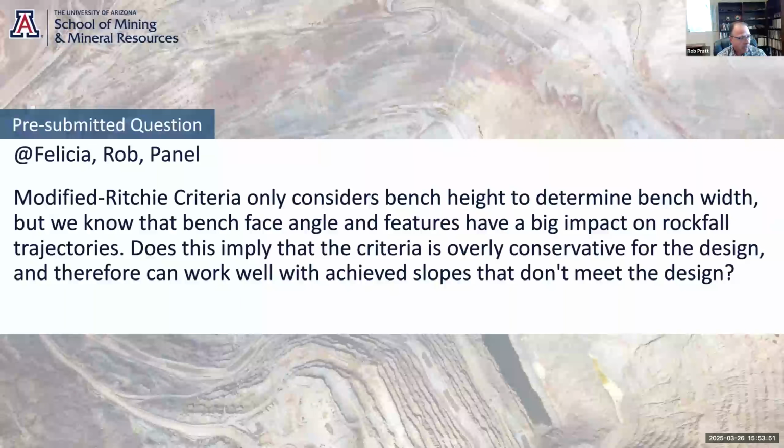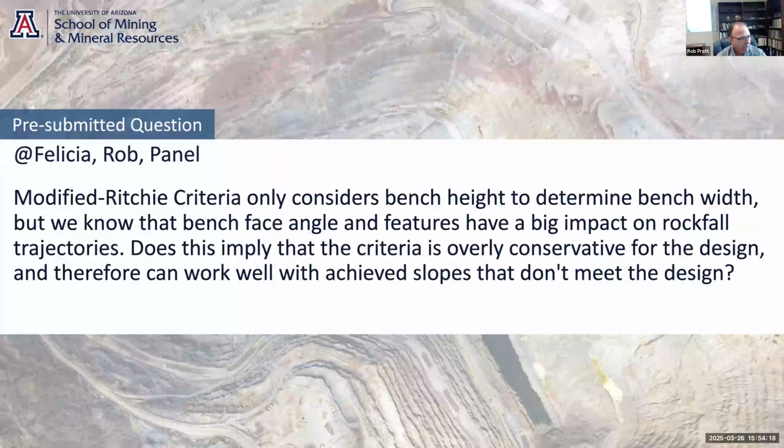We know that the taller the slope, the wider the width we need to contain the rocks that fall from it. That part is pretty intuitive. But when you go to apply something so simplistic to a massive slope design, it seems overly simplified, and it seems like you're really selling it short, that we can do better. I think we all feel that way.